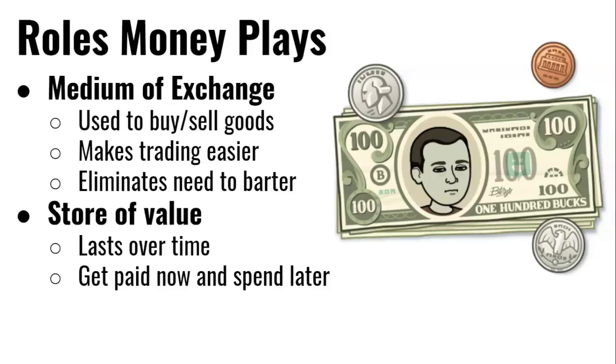Money as a medium of exchange is very important because it eliminates the need to barter. Instead of having to find someone who wants the exact combination of goods that you have in order to trade for something that they've got, you can just give them this thing called money, which makes things so much easier. If you imagine you're going to the market and you want to buy eggs, and all you have is milk, and the person who has the eggs is lactose intolerant, then you've got a problem.